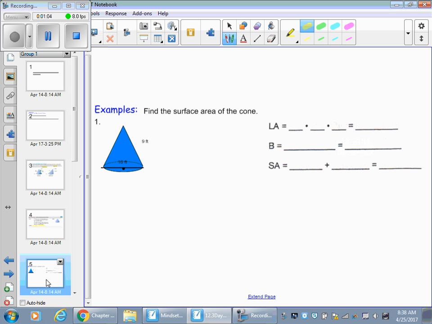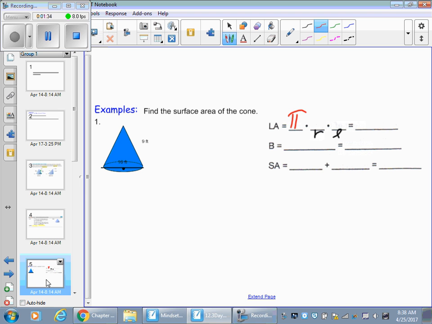We've got lateral area is pi, the radius, and the slant height. So what's the radius?